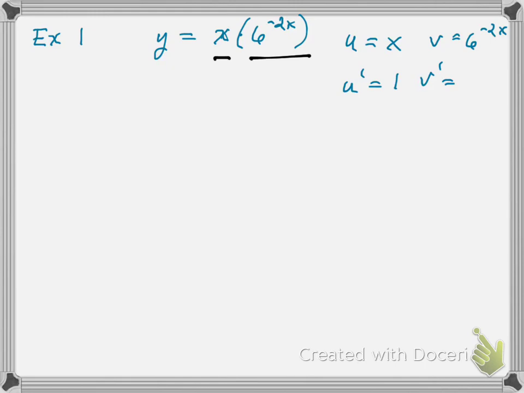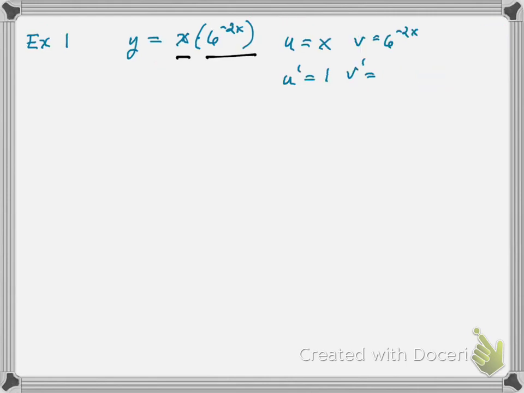Alright, so here I have my a being a 6 and my x being a negative 2x. And I'm probably going to need just a little bit more room for this, so I'm going to shrink that down. Alright, so the derivative of a to the x is a to the x ln a. So I'll write that down here just so we have it to look at.